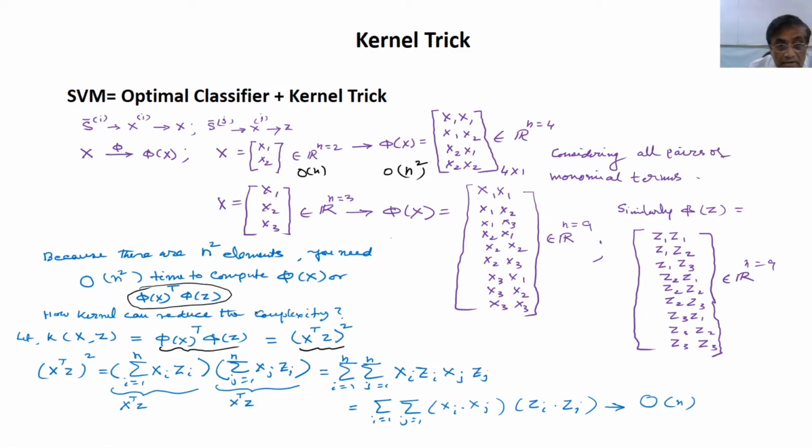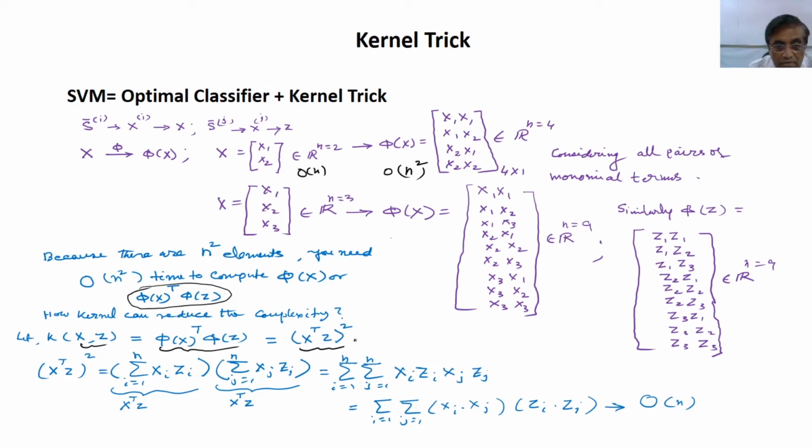Now, how can the kernel reduce this complexity? Suppose I have decided not to go to the higher dimensional feature space. If I do the same dot product in the lower dimensional original feature space, then the kernel function K(x, z) must be equal to x transpose z square, because I need the same effect.